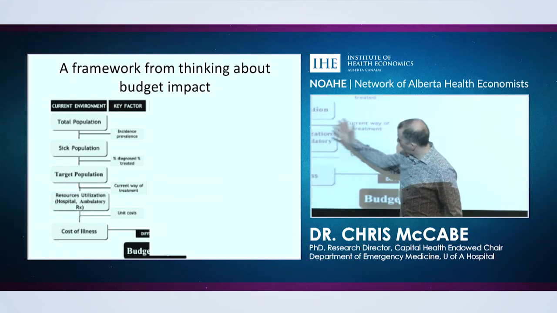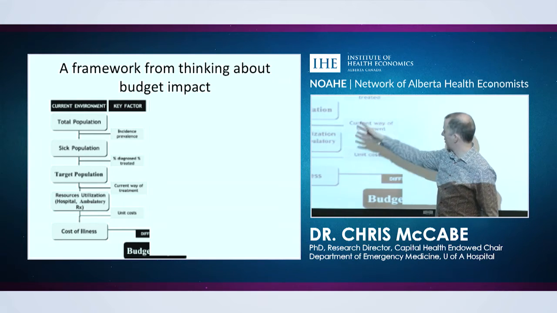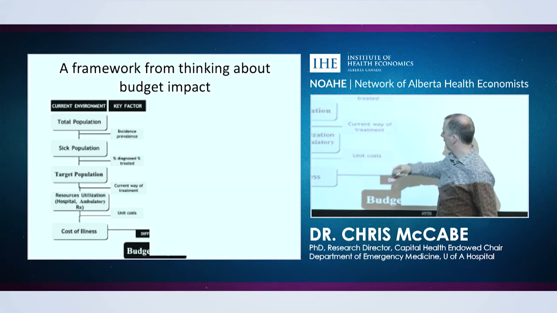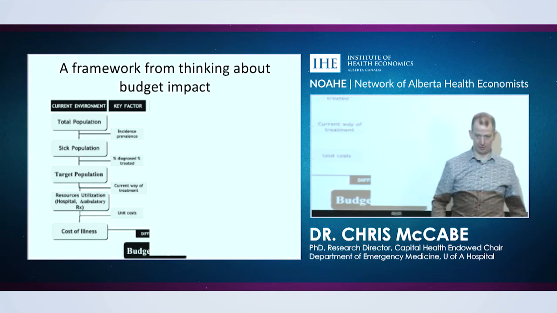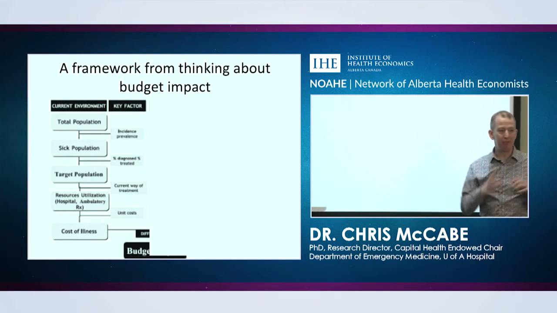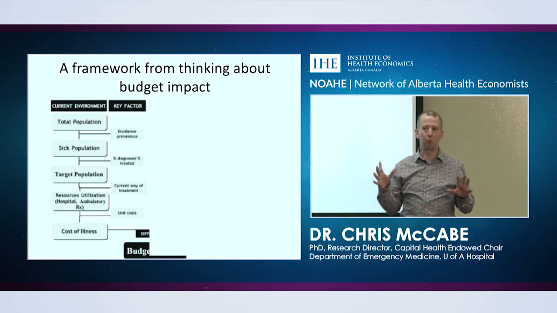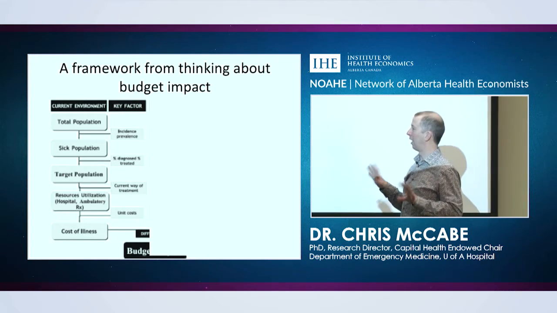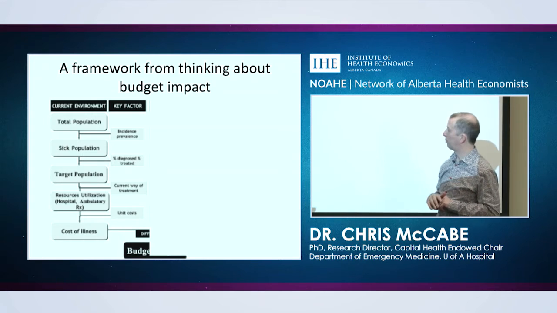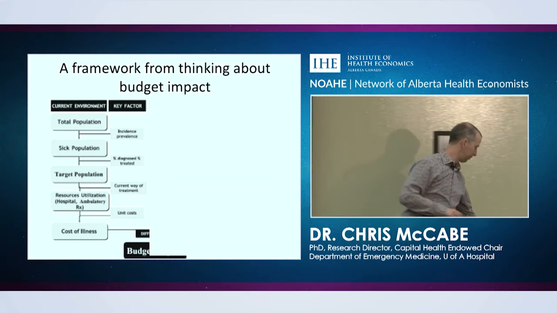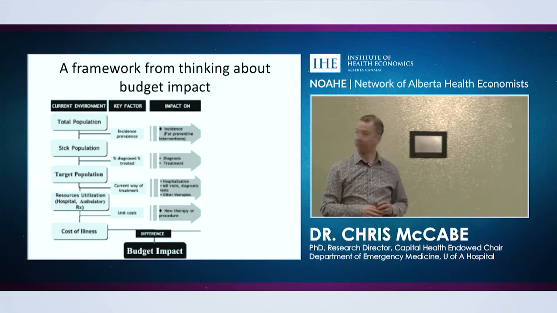So we capture the resource utilization in all the different budgets that we have, and we attach unit costs to them. And that allows us to identify in a reasonably robust and transparent way how we are currently spending our resources on the target population for the technology we're interested in.